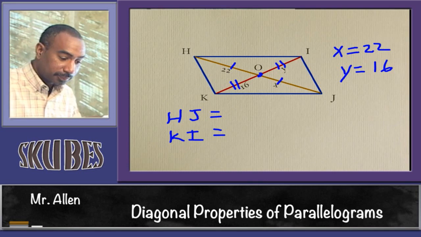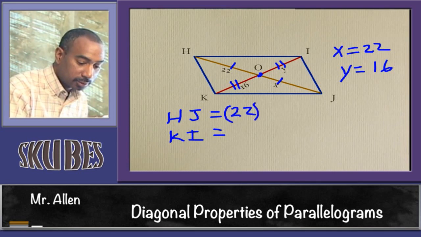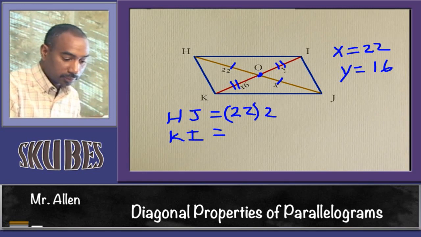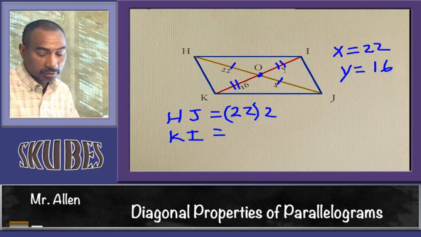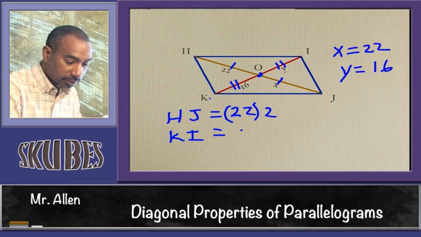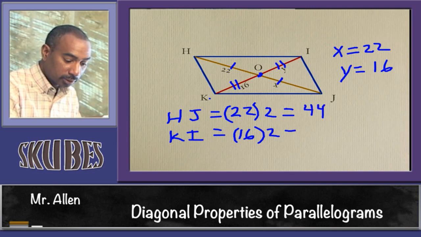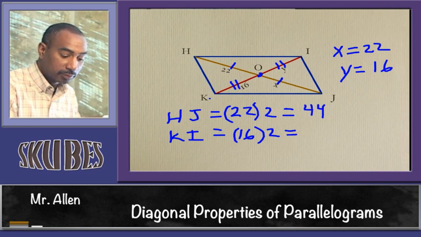So HJ is just 22 times 2, because you have two lengths that have a length of 22. And KI is 16 times 2, which means HJ has a length of 44 and KI has a length of 32.